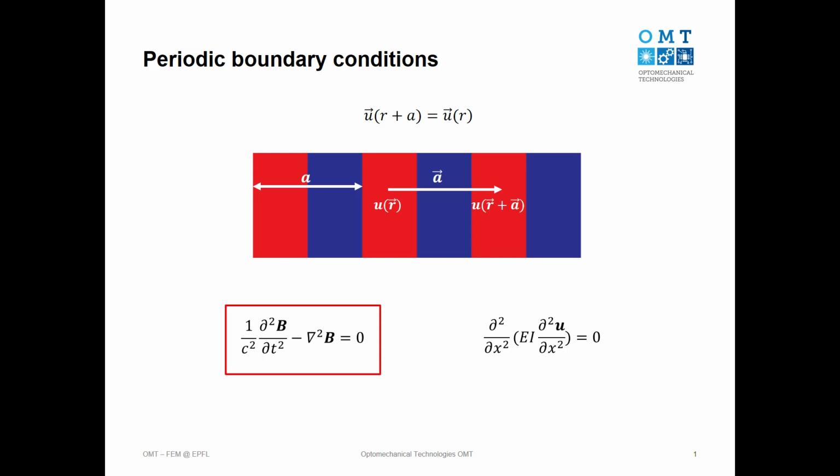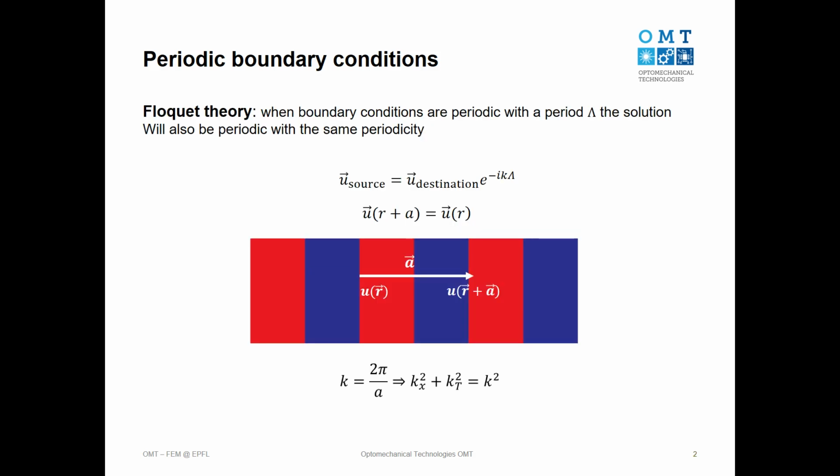We are studying a periodic structure in which there is a periodicity in the geometry, and here we want to go to the electromagnetic domain and see how our Helmholtz equation, our Maxwell equations, behave in a periodic structure.